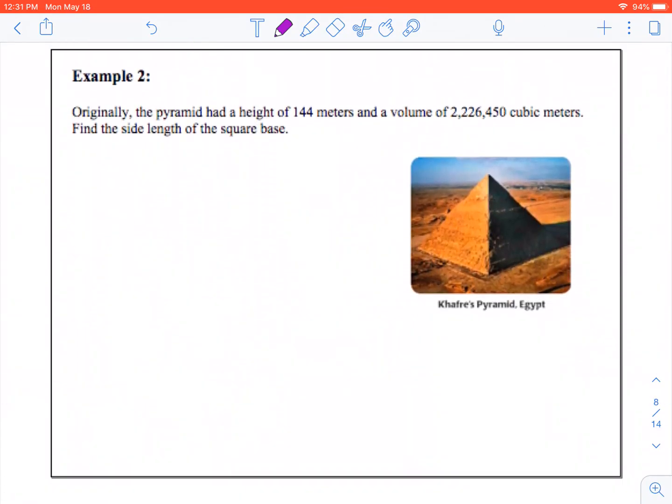Example 3, it says originally the pyramid had a slant height of 144 meters and a volume of 2,226,450 cubic meters. It says find the length of the side of the square of the base. Alright, so in this problem, we're talking about volume still. Volume equals the area of the base times your height.